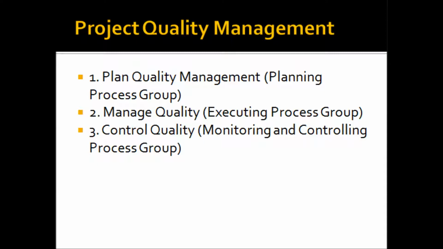Then we control quality, where we ensure that the various deliverables, the various outcomes, the various products of our project are conforming to the various established quality standards and metrics that we establish in our quality management plan.